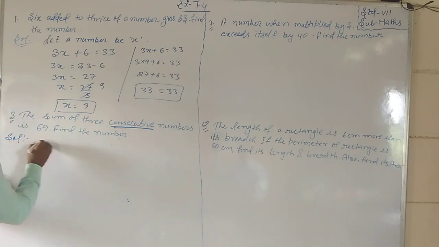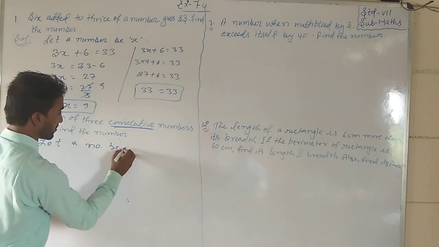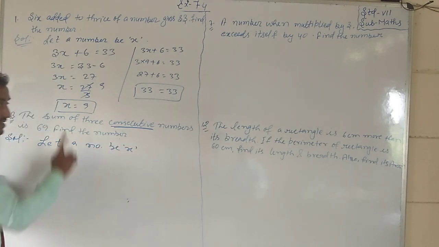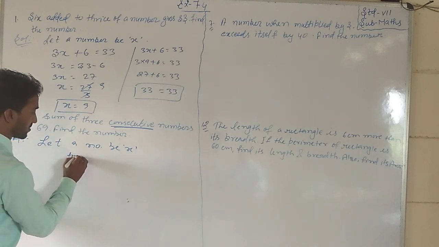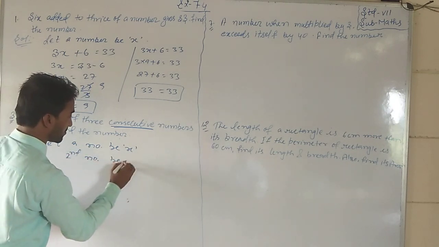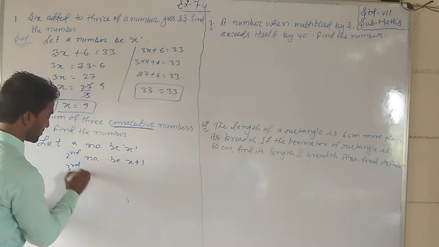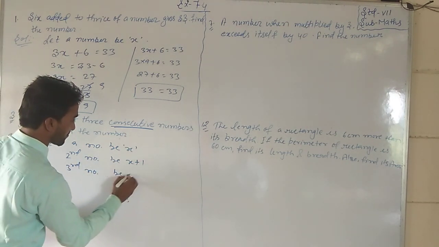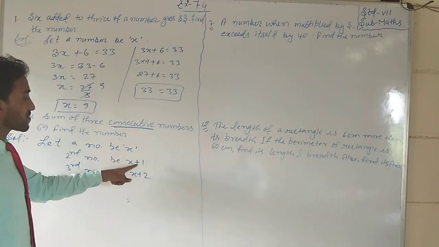Students, see, let the first number be x. In 3 consecutive numbers, we can say the second number is x plus 1 and the third number is x plus 2.